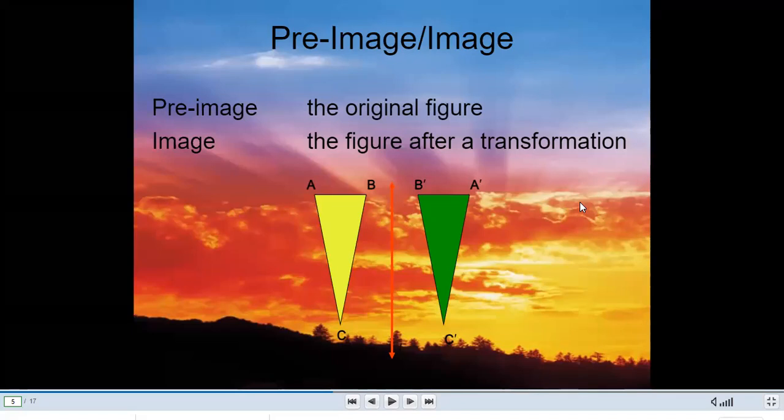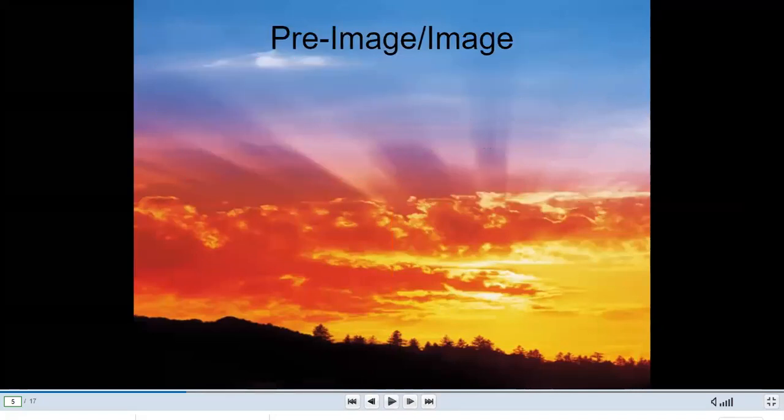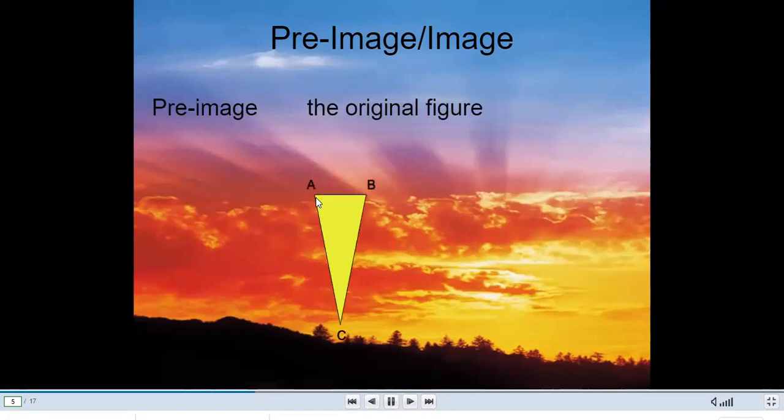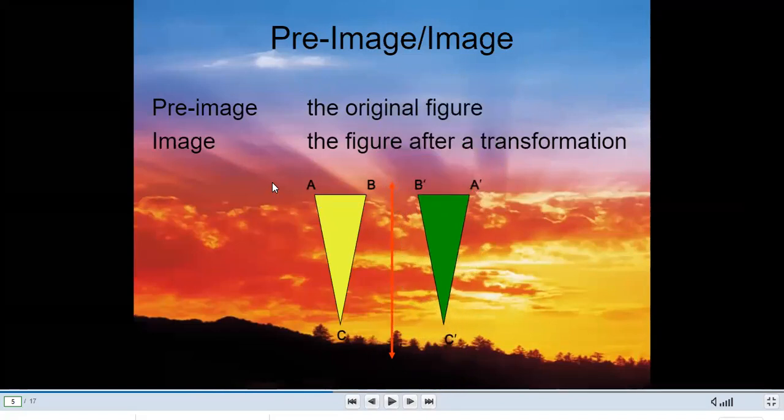You have to say reflection on Y-axis. So we said that the pre-image is the original figure, and the image is the figure after a transformation. And for this one, it's a reflection on Y-axis.